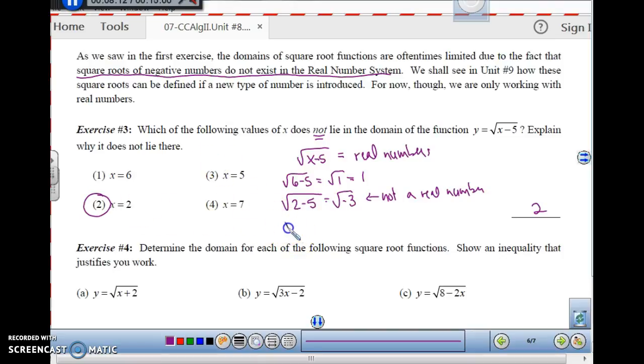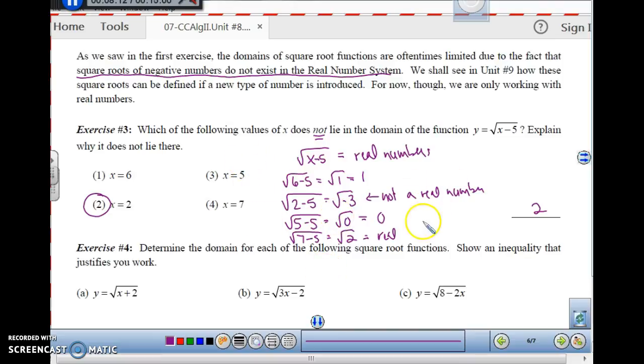If you look at the other two, just for argument's sake, the square root of 5 minus 5 is the square root of 0, which is a real number. And the square root of 7 minus 5 is the square root of 2, which is a real number even though it's irrational. So this one is not a real number because you can't take the square root of a negative.